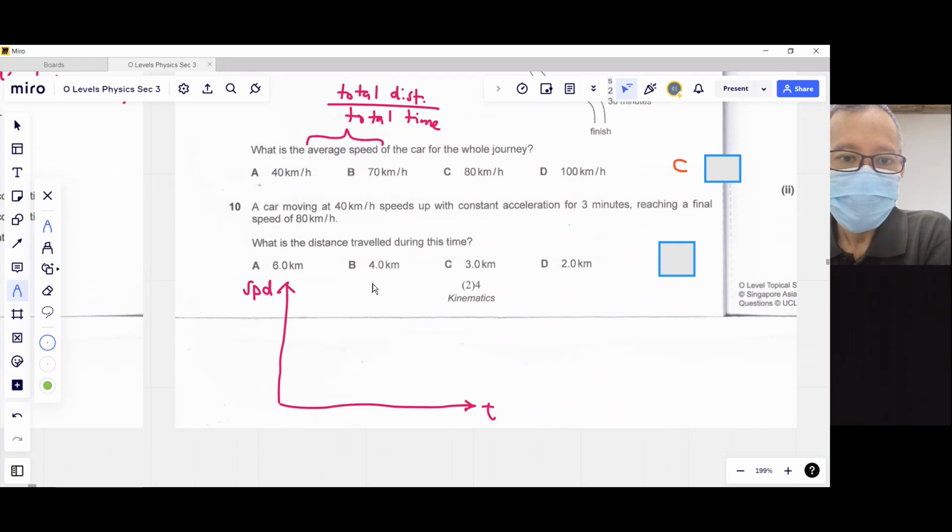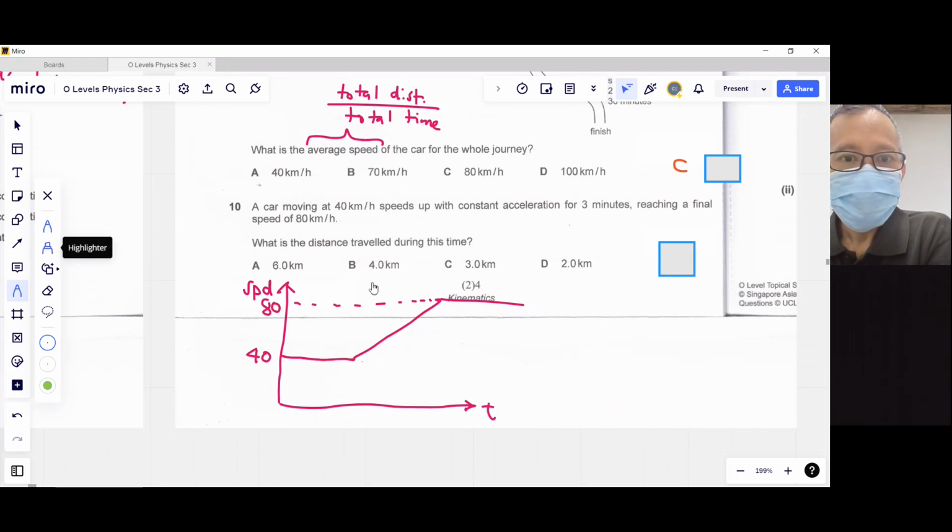So at first it starts at 40. But take note of the units. They are not SI units. Speeds up with a constant acceleration for 3 minutes, reaching 80. Okay, you should have some sort of graph like that.